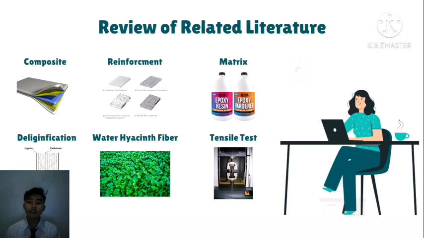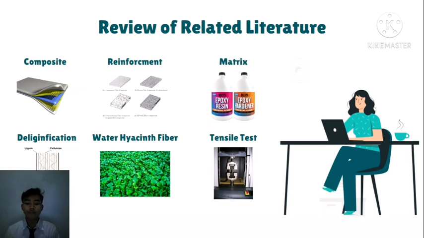Matrix is composite material that acts as reinforcement binder. So, the strength of composite material depends on the strength of the forming matrix. This matrix has liquid properties with low viscosity, which will harden after the polymerization process.